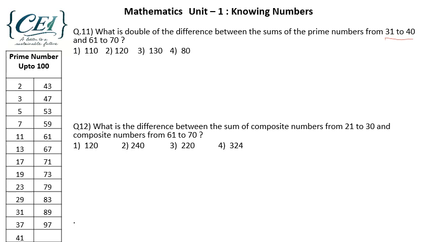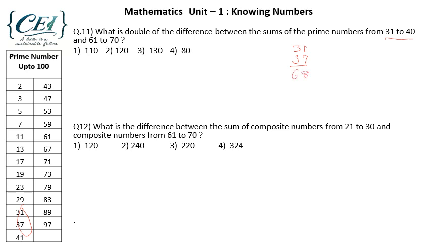So the prime numbers between 31 and 40 are 31 and 37. So what is the sum?